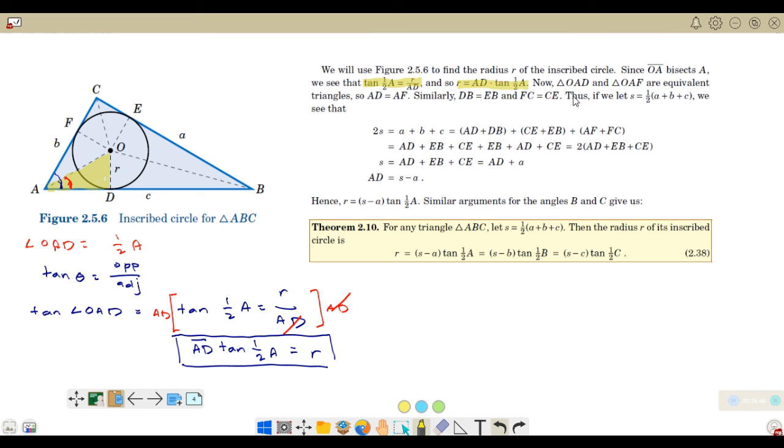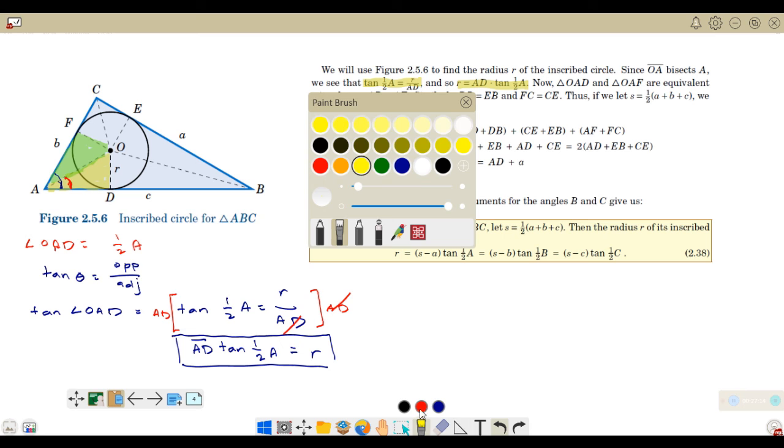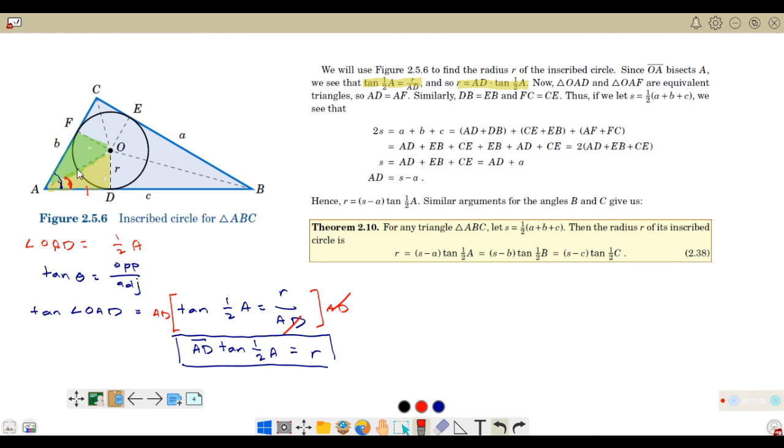Yan. Now, meron tayong triangle OAD and OAF na equivalent triangles, 'di ba? Na-discuss na natin 'yan kanina. Ito. Yung green at yellow na 'yan, equivalent 'yan. So, si AD, yung measurement nito ay equal sa measurement nito ni AF.